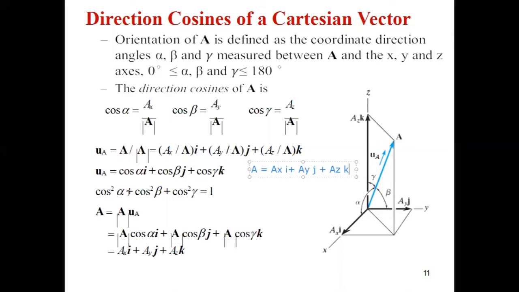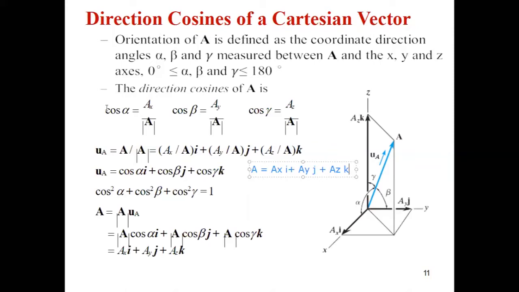Now, the vector A can be represented by modulus A into UA because its magnitude is 1. Now, let us see. This unit vector can be represented as cos alpha i, cos beta j, cos gamma k. So, what is the value of cos alpha? ax by modulus A. Okay, cos beta is ay by modulus A, cos gamma is az by modulus A. And cos alpha, cos beta, cos gamma are known as direction cosines, because alpha, beta, gamma are the directions of a vector.